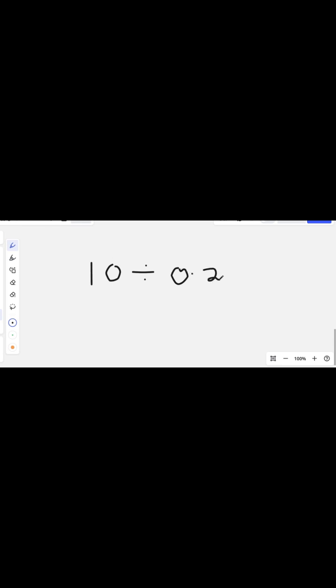Now, what happens here is we're going to remove the decimals first. So 10 divided by 2 is 5. Now, this is 0, and this is 1 decimal place. So now it's minus 1.